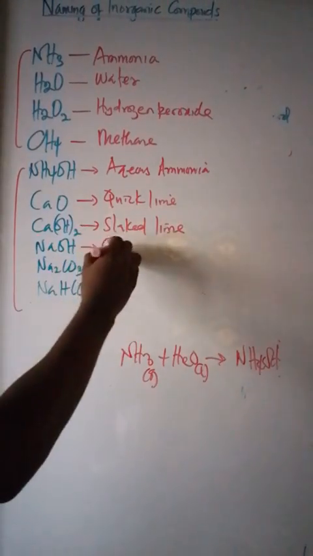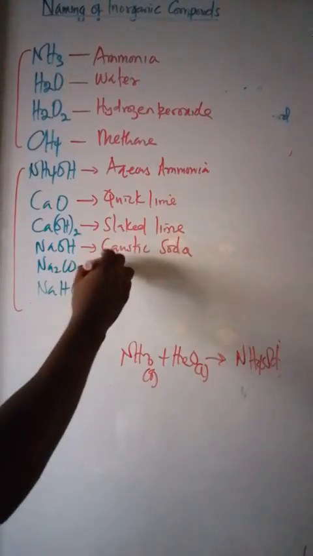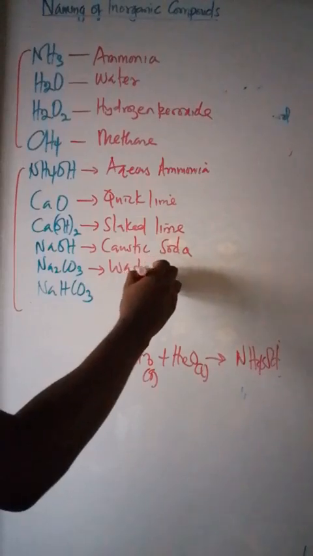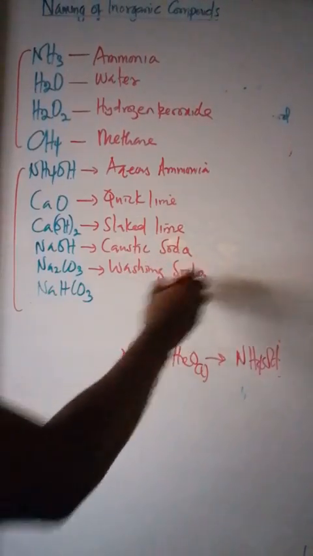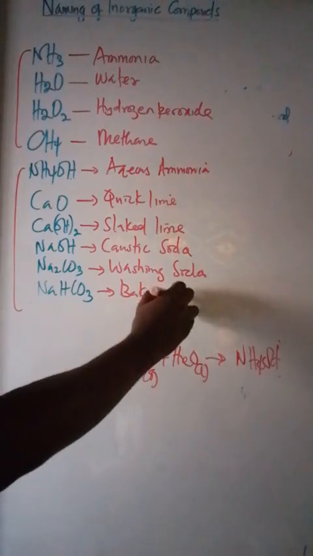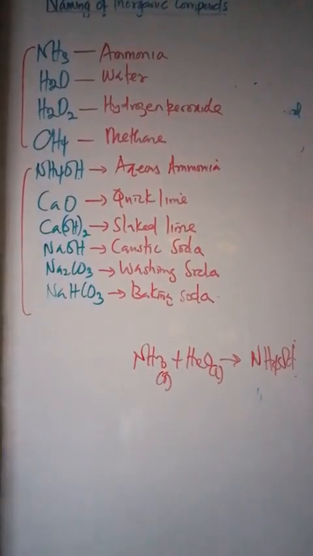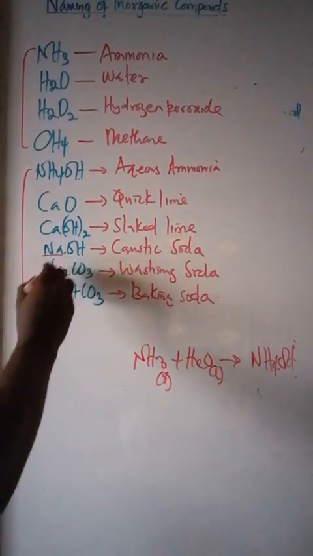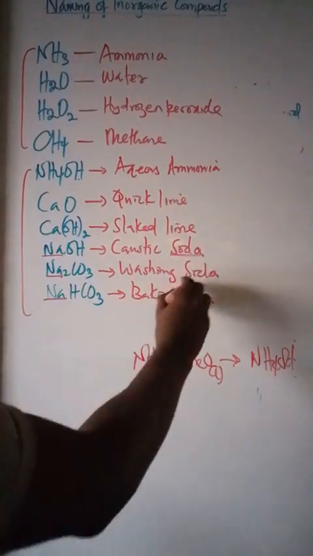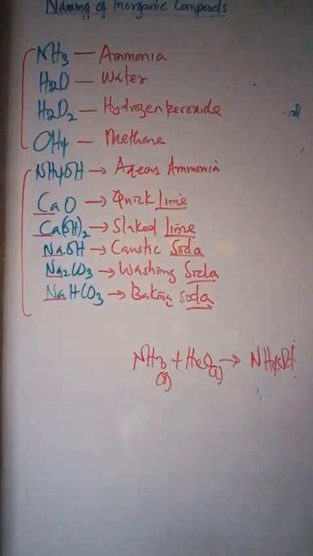This is caustic soda, and here we call it washing soda. We call this one washing soda, and this one we call baking powder, or simply baking soda. So when you see sodium, you hear the word soda. When I say calcium, you hear the word lime. And we have a particular mixture, I can't recall. I think we call it soda lime.